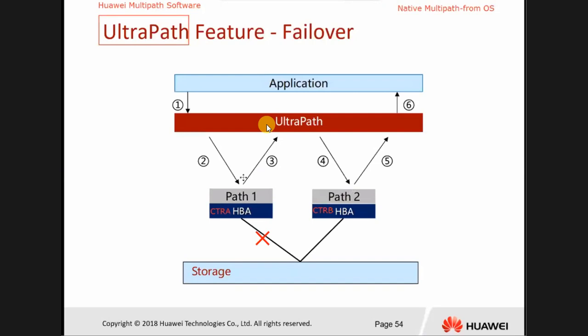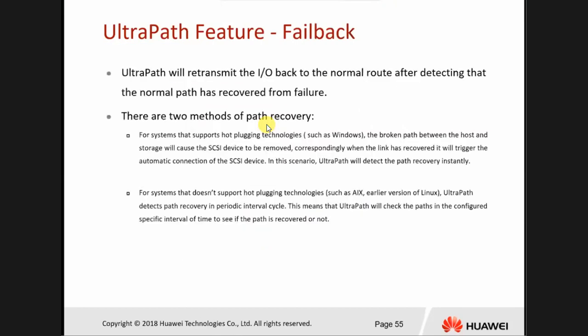It knows it cannot reach the storage through path number 1, so it will switch to path number 2. Path 2 can access the storage and replies to UltraPath, which tells the application to use path number 2 to access the storage system. This is how the UltraPath failover mode works. All of this is automated, so you get automatic failover.